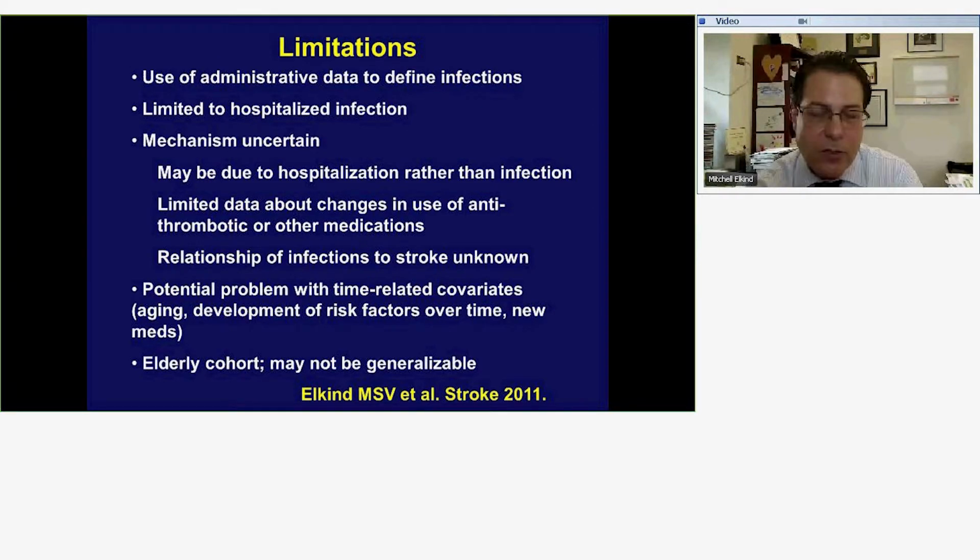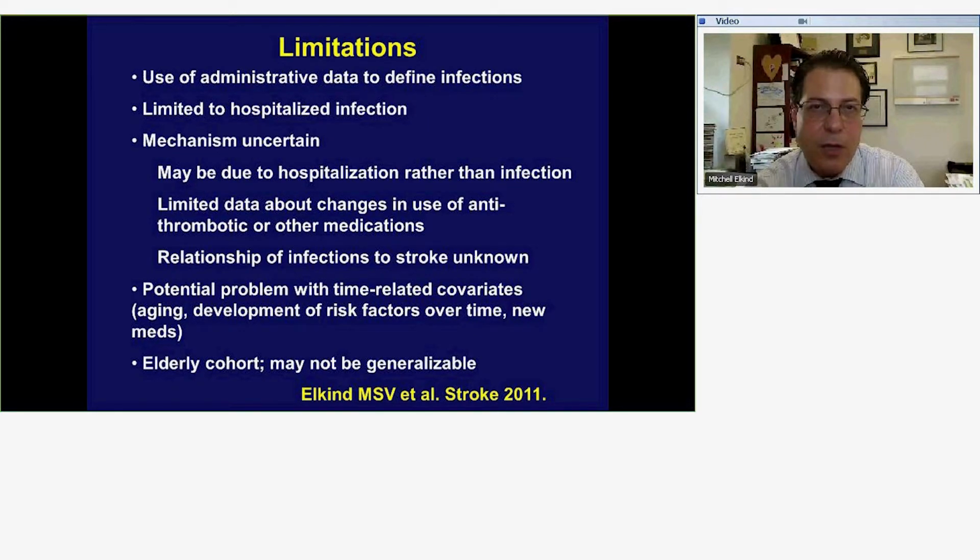So that suggests it may be specific to infection, but hard to say for sure. There could be lots of other things going on when people get hospitalized with an infection. For example, they might stop taking a medication that might be protective, like an antiplatelet agent and so forth. So that could be a mechanism.